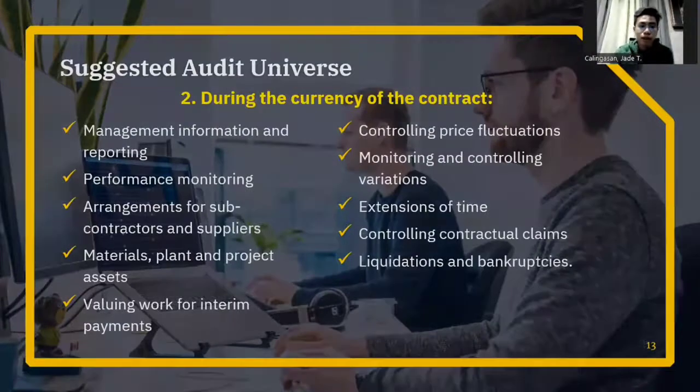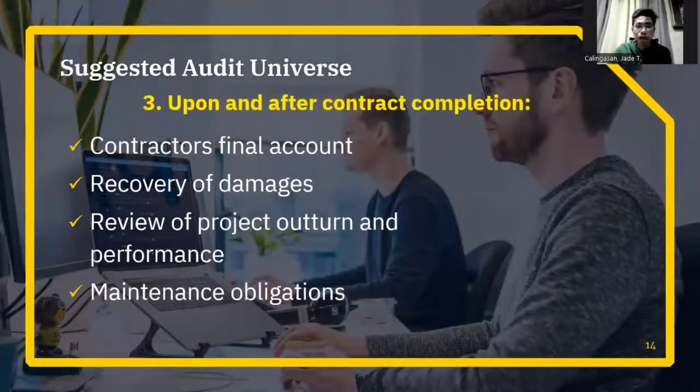So yung last naman is yung upon and after contract completion. Contractor's final account, recovery of damages, review of project outturn and performance, and maintenance obligations. So ito yung mga tatlong distinct areas ng suggested audit universe.